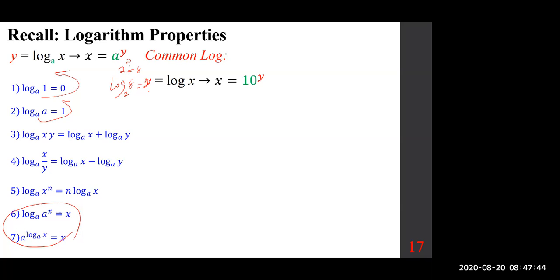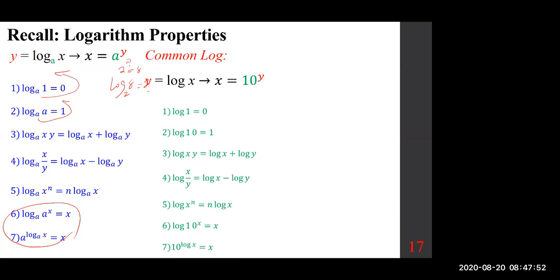When you change the base to 10, when you write the log, you don't write the base a. In all cases, the base a is gone. The only thing you want to be careful of is really the last two, being able to make them up. And I hope you see how they look.